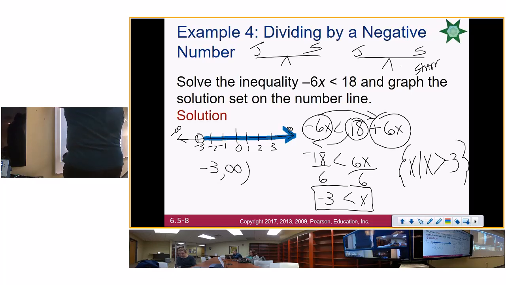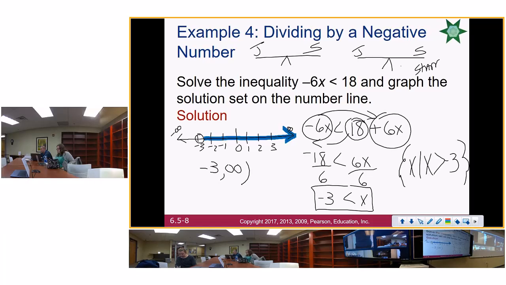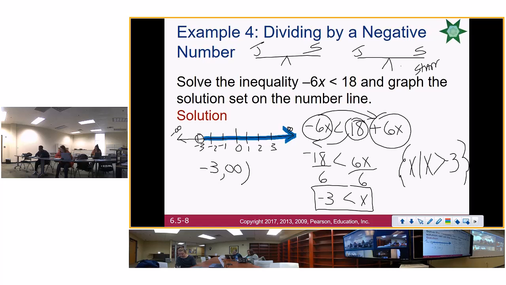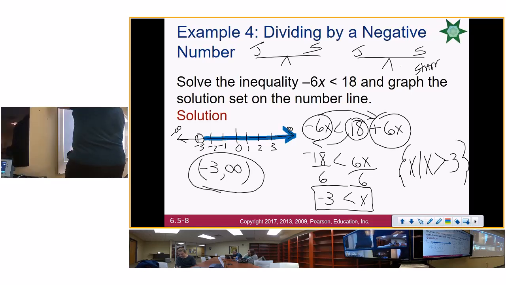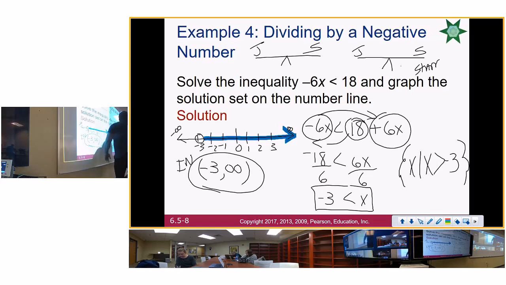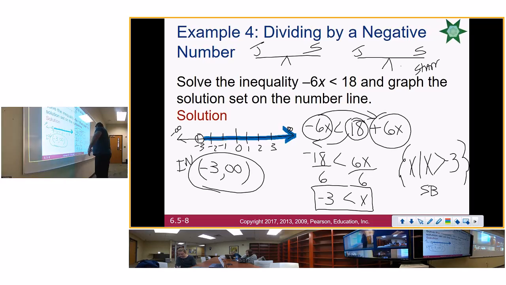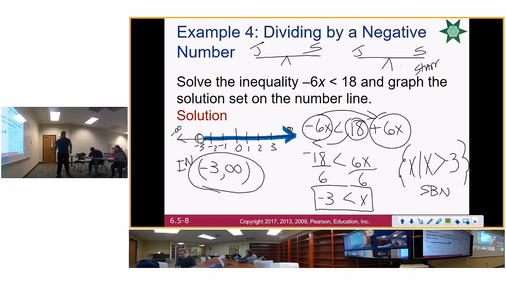And what goes on negative 3? A bracket? Nope, that's for inclusive. Parentheses goes with an open circle. So this is interval notation, and this is set builder notation. And there's another problem for you to keep in your notes for your homework.